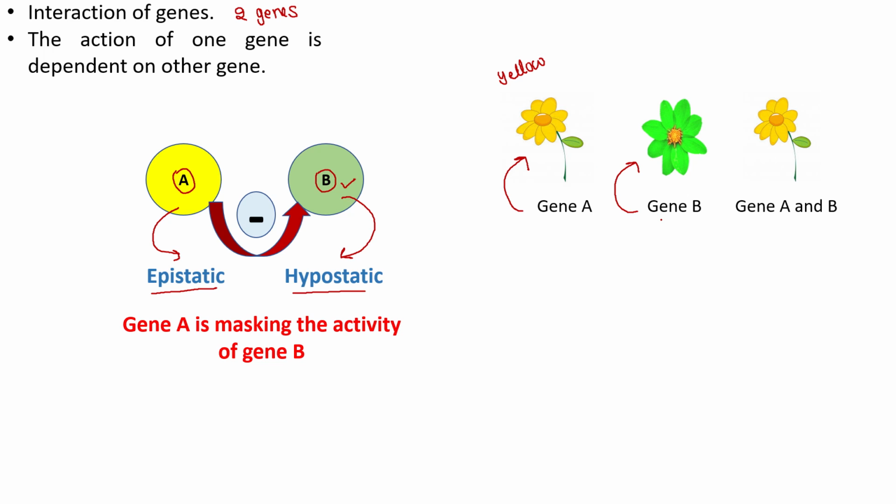When gene B is present alone, the flower becomes green. When both gene A and B are present, the flower becomes yellow, because gene A is masking the functionality of gene B.